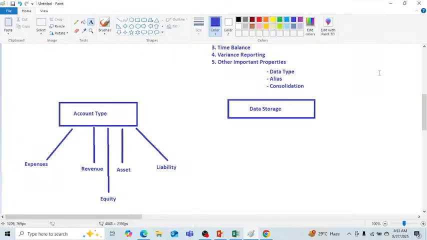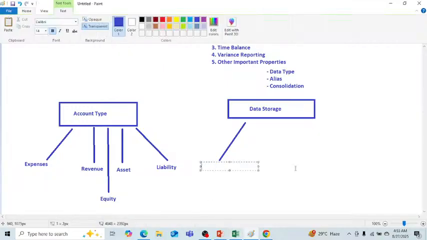So let me write it. Four options we have under the data storage. First option we have is store. We also discussed store in yesterday's class. Today I will also discuss it to recap.